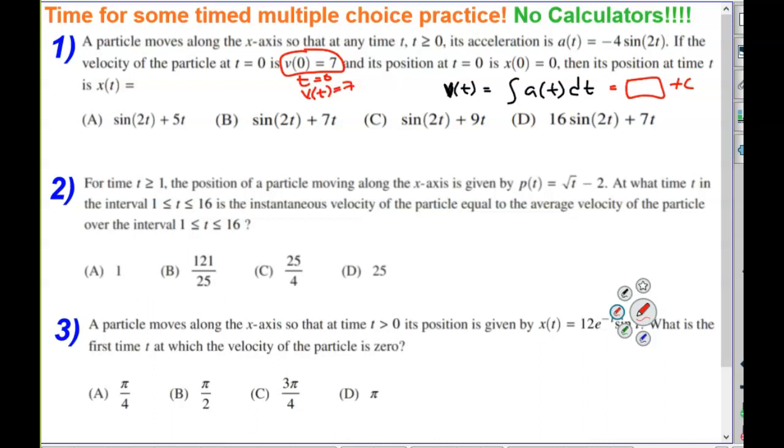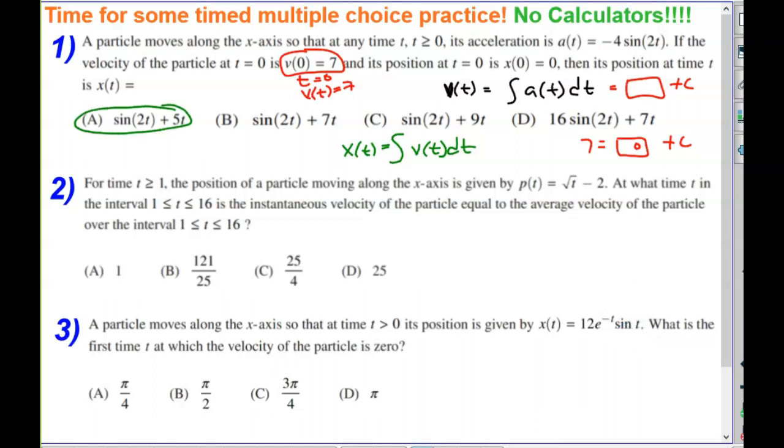So once I get this answer, I'll put in 7 equals something plus c, and if there's a t in here, I'll put a 0. Then we solve for c, and we'd have to do that all over again, because then we would get our answer for velocity, and I'd have to undo the velocity to get the position. And eventually, it ends up working out to be part A.